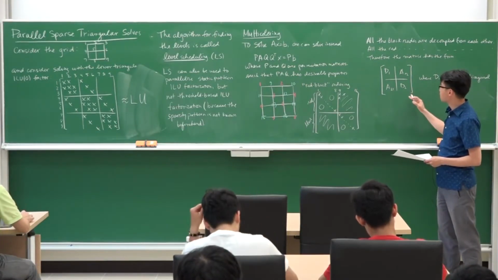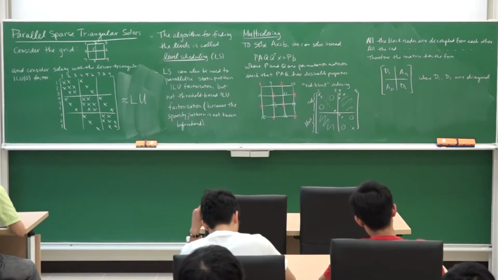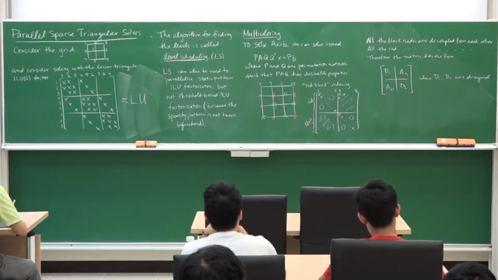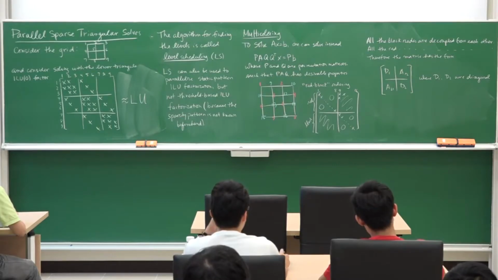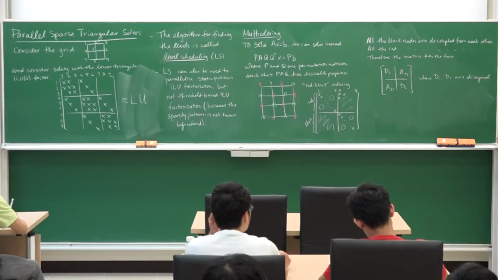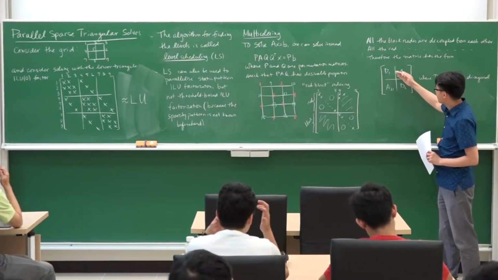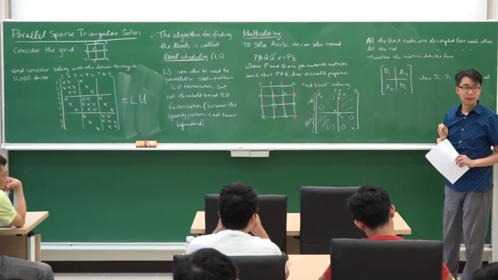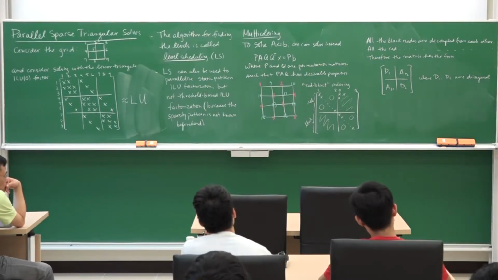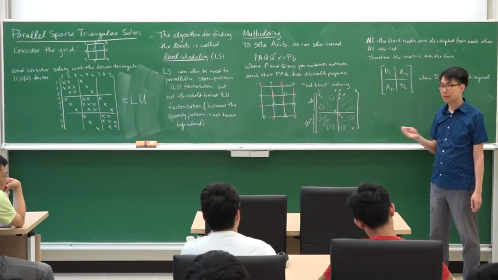Okay, so now suppose that we have this matrix and we want to apply the ILU 0 algorithm to it. So how many levels are there? Alternatively, take the lower triangular part of this matrix and say we want to solve with the lower triangular factor in parallel. How many levels are there? The answer is the same.